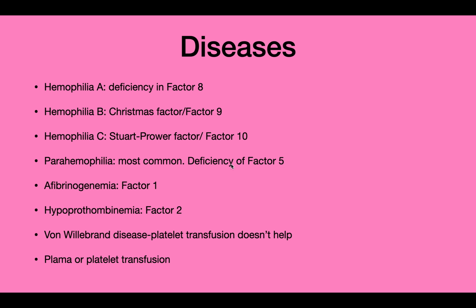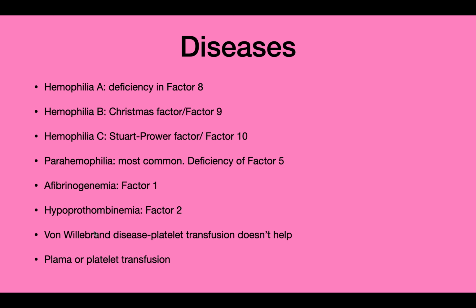It's going to be a deficiency of factor 5. Afibrinogenemia, deficiency of factor 1. Hypoprothrombinemia, deficiency of factor 2. These are rarer. And von Willebrand's disease is going to be, once again, needs a plasma transfusion. The deficiency is the von Willebrand's factor.